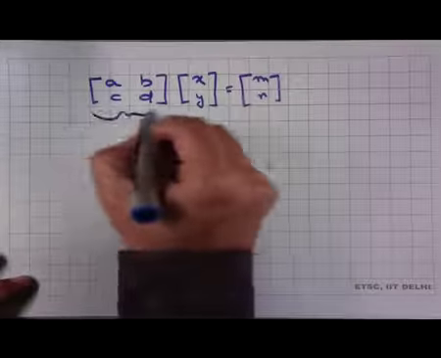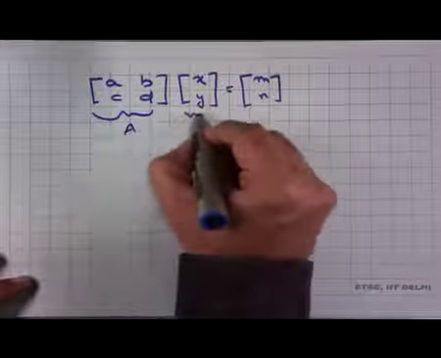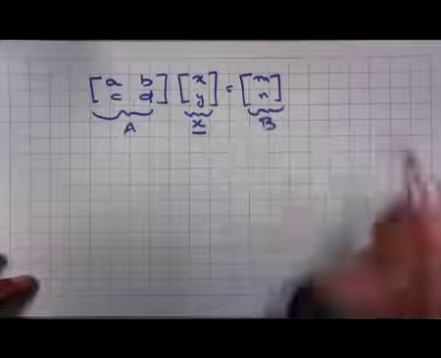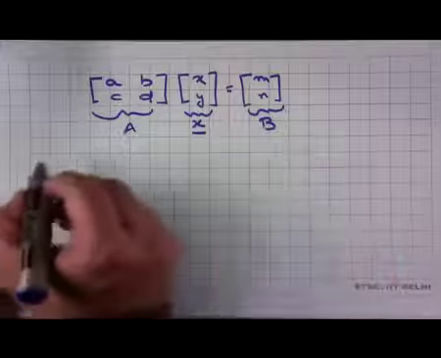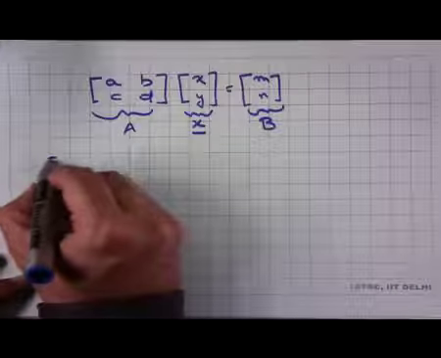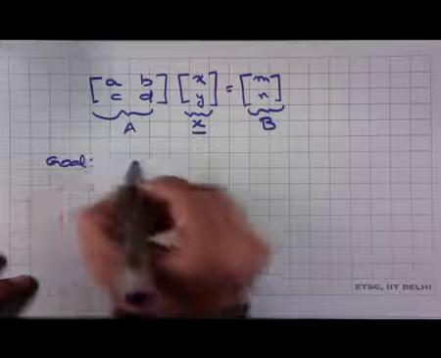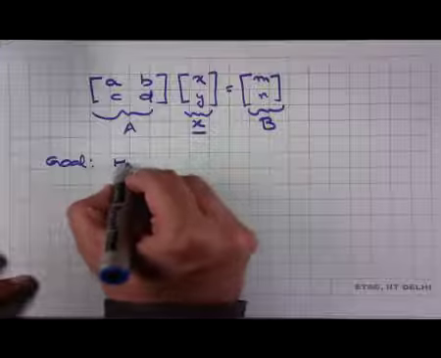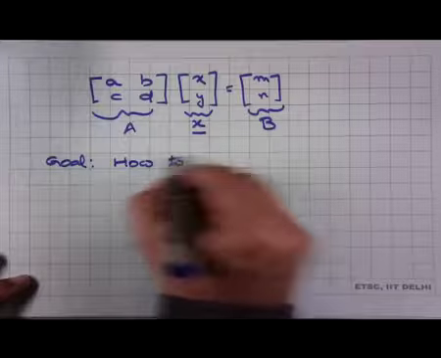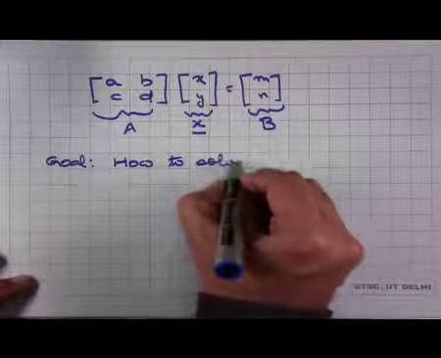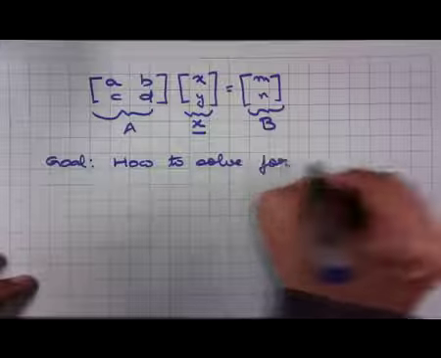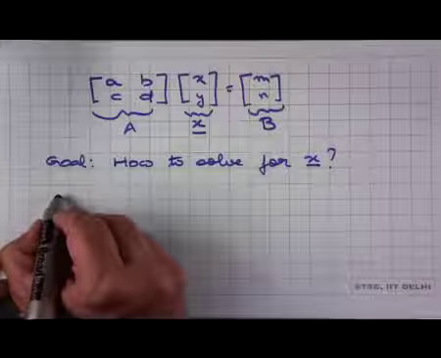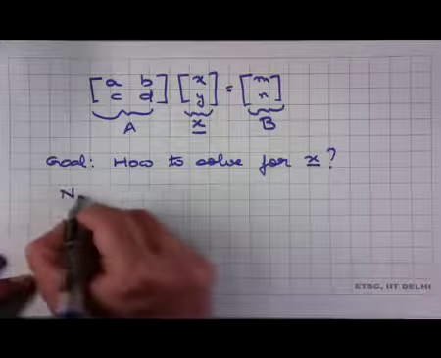So, we have said this is A, this is an unknown vector x, this is B. Now, the goal, as we just said, is to find out how to solve for x. And just a point about notation that we are going to use.